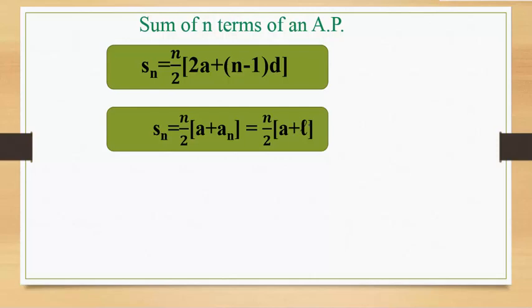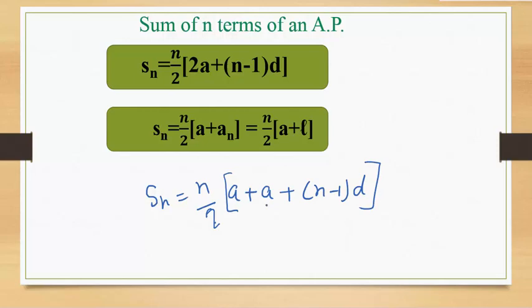Now if I write Sn equals n by 2 into 2a plus n minus 1 into d, we can write 2a as a plus a, plus n minus 1 into d. Now this is the formula of the nth term.